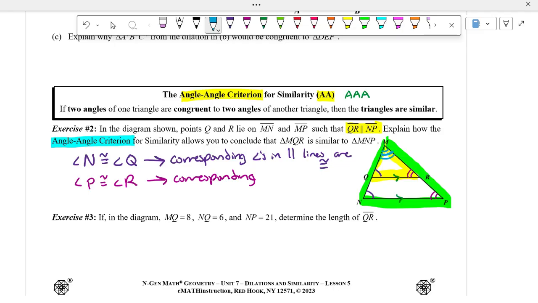They share that angle because it's a triangle built into another triangle. So angle M is congruent to itself. Why? What's the property that lets us do that? Nope. What's the property that lets us say that something is congruent to itself? Reflexive. Good.